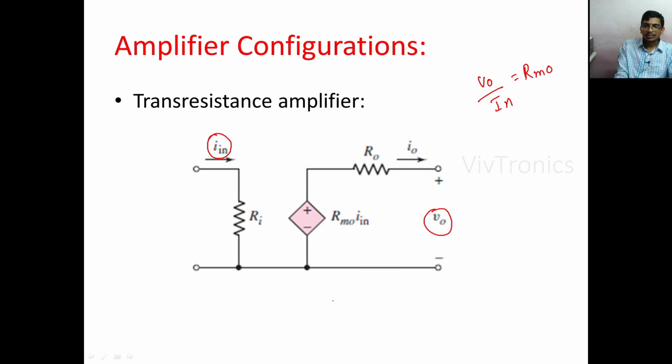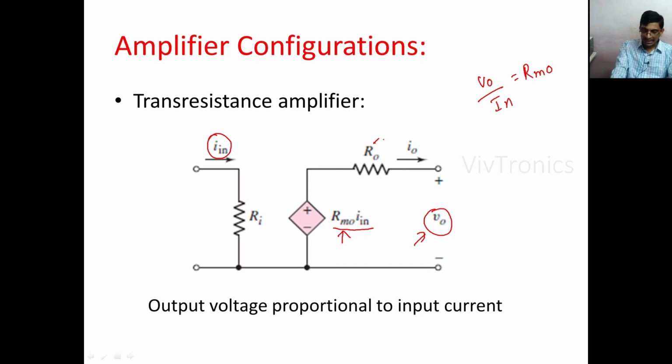As the output signal is a voltage signal, at the output side we have the Thevenin's equivalent circuit, Rmo into Iin, where Rmo is the transresistance, Iin is the input current, and Ro is the output resistance. So in this transresistance amplifier, we can say output voltage is proportional to the input current.